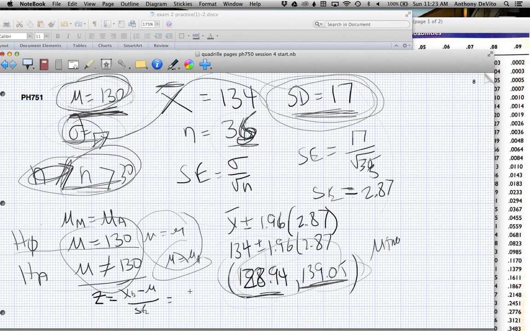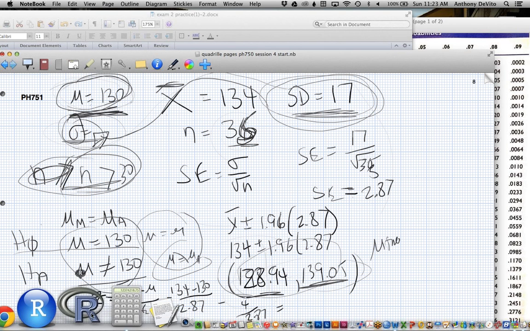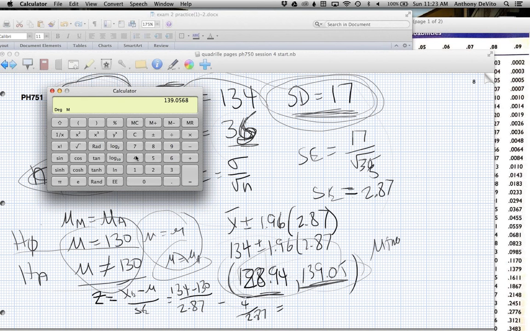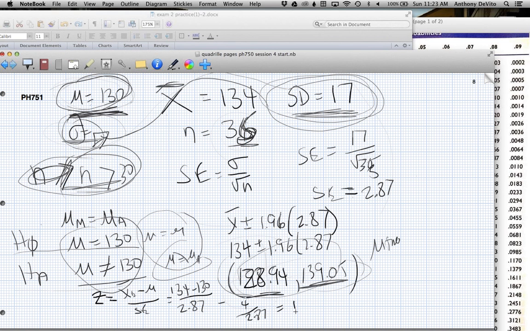That's equal to 134 minus 130 over the standard error, which we calculated to be 2.87, which is 4 over 2.87. I'm going to call it 1.4. A z-score of 1.4.